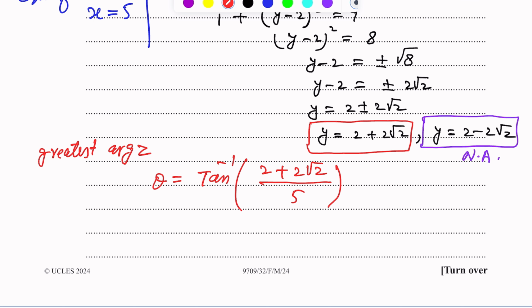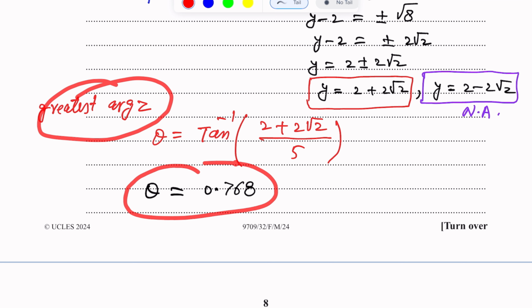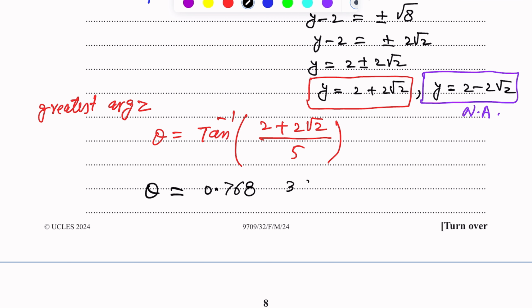We will find this angle in radian, so set your calculator mode on radian. Calculating this angle, finally we get theta is equal to 0.768. This is the greatest value of argument of Z, correct to three significant figures. This is the final answer.